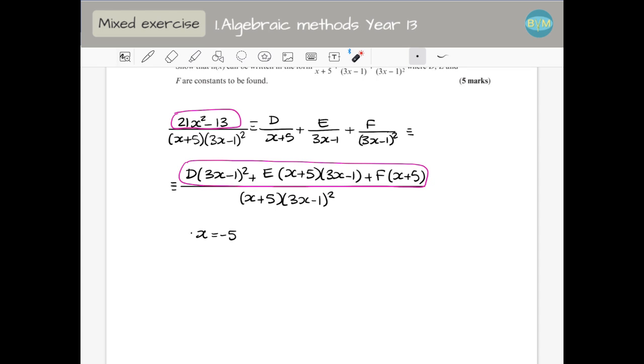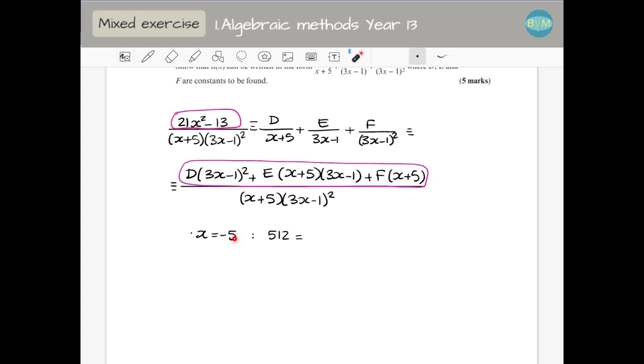So when x is minus 5, I have minus 5 squared times 21, which is 525, minus 13. So the left side is going to be 512, is going to be equal to the right hand side. These two brackets we say is 0.